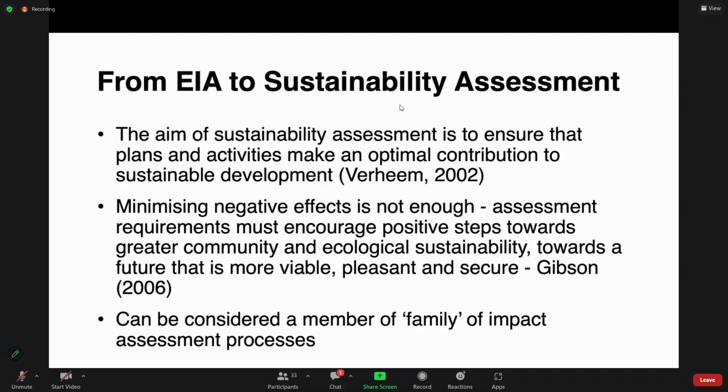So we are also trying to move globally from just environmental impact assessment to a more holistic sustainability assessment as well.